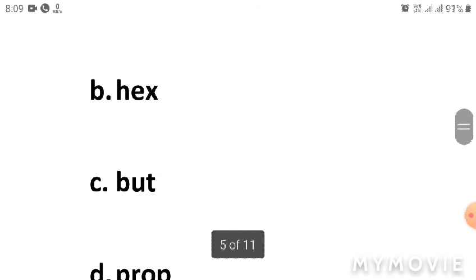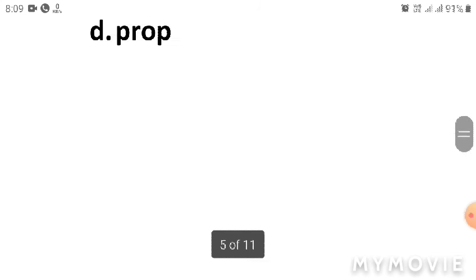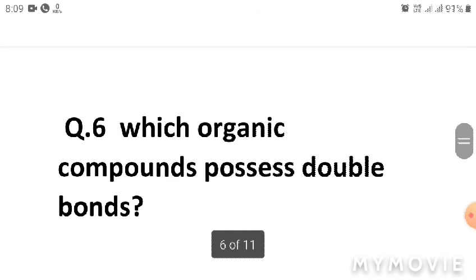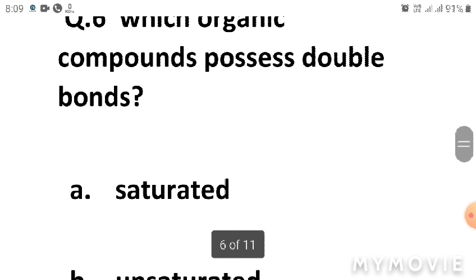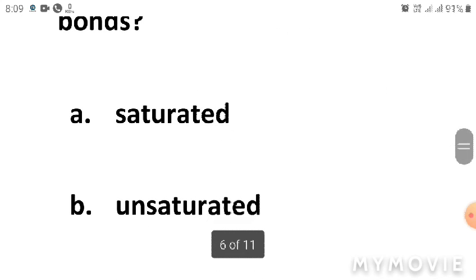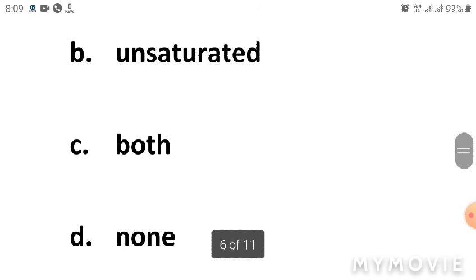Now we see the next question, question number 6. Which organic compounds possess double bonds? Just before, I told about which compounds have double bonds and triple bonds. Here options have been given: A. Saturated, B. Unsaturated, C. Both, and D. None.